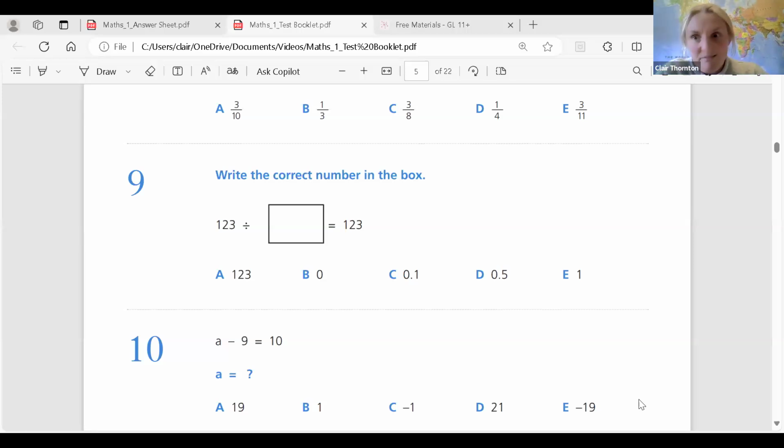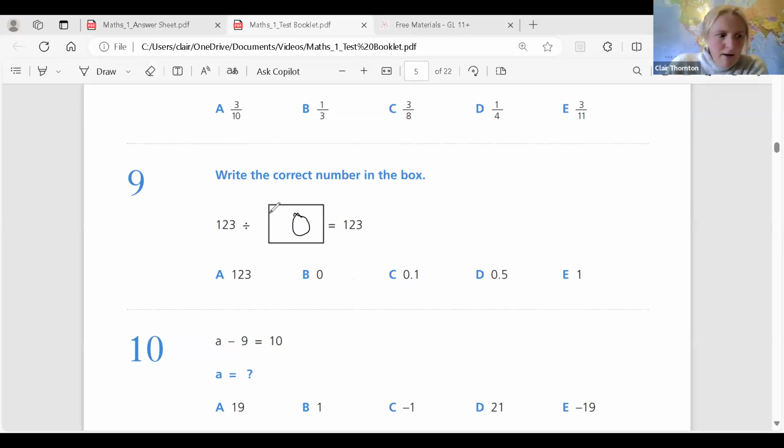Question 9 should be a relatively easy question, but people don't read these properly sometimes, and they get confused with what they're doing. It says, write the correct number in the box. 123 divided by something gives me 123. Now, lots of children that I've worked with will, for some reason, and I suppose it kind of makes sense, put a 0, or mark B on their paper, thinking that, well, if I've got 123 and I don't do anything to it, I'm going to have 123.